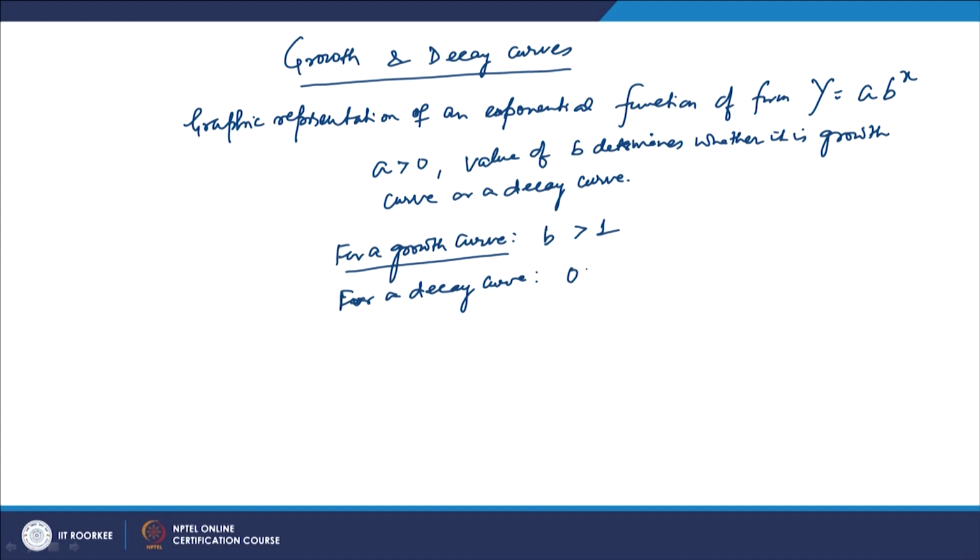So your value will be going from 0 to 1. If you know the function where a has to be a positive number, and if b is more than 1, then it is a growth curve, and if it is in between 0 and 1, then it is a decay curve.